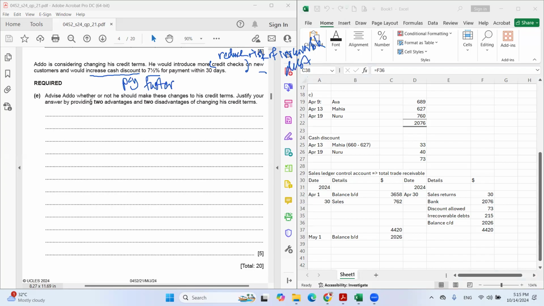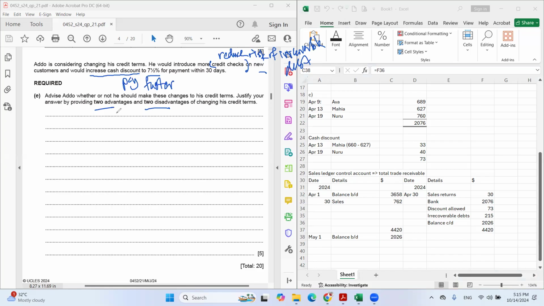Now, advise Odo whether or not he should make this change to his credit term. Justify answer by providing two advantages and two disadvantages. The moment they say two, you don't change it, just follow the instruction.